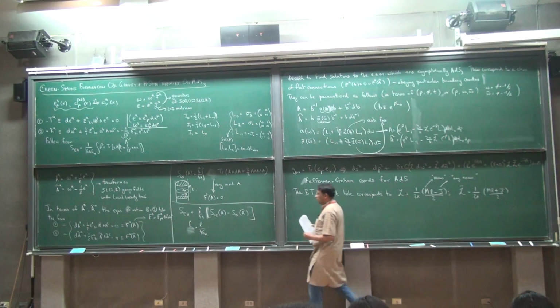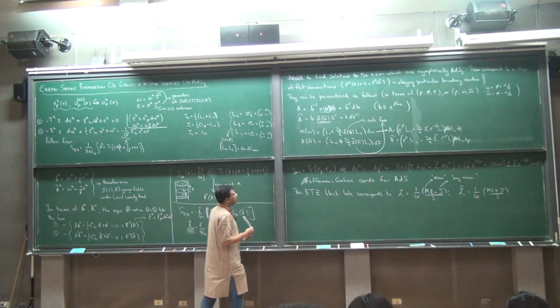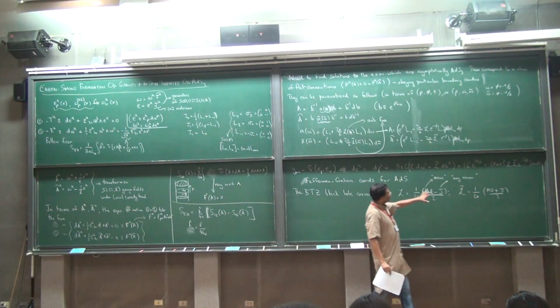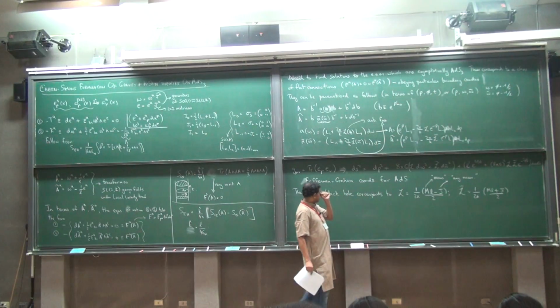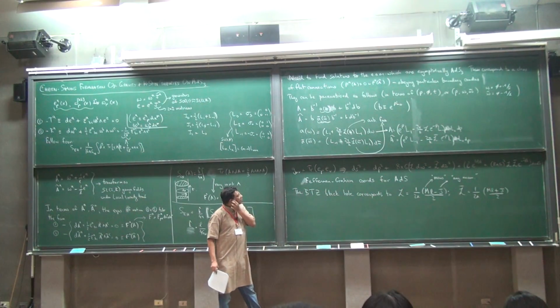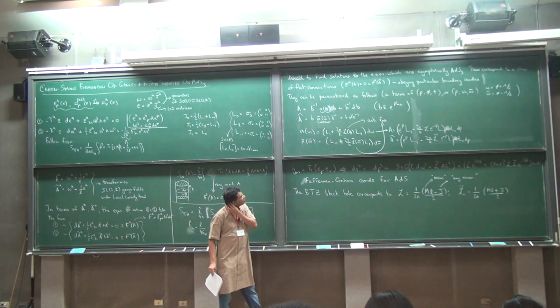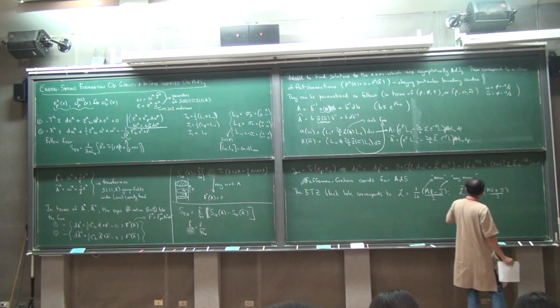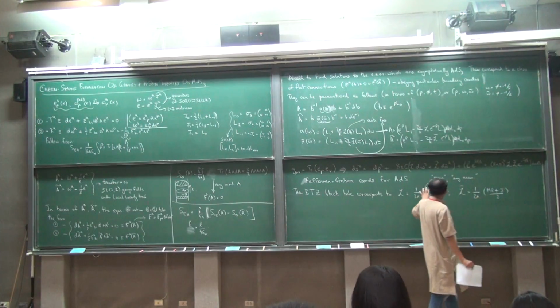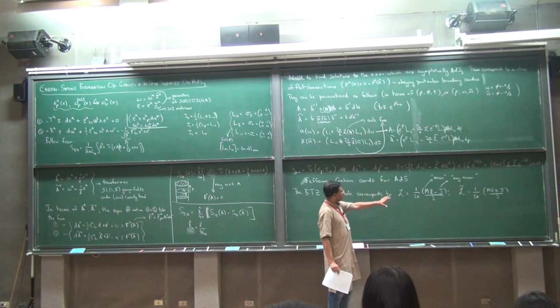So in these Fefferman-Graham coordinates, which are a way of characterizing any asymptotically AdS metric, you have this mass and angular momentum.